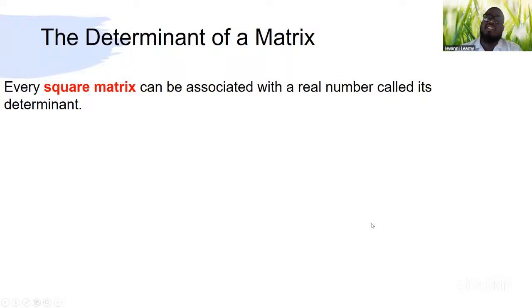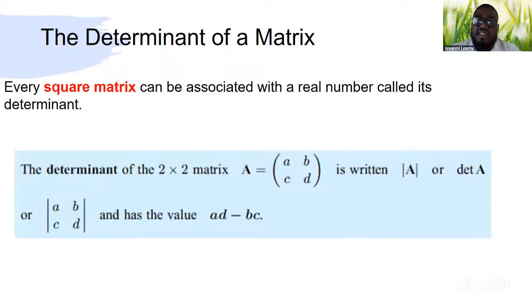So what is the determinant of a matrix? Now, every square matrix can be associated with a real number called its determinant. So what does that look like? For a 2x2 matrix, we have matrix A, and we have the elements reading from top left going down: A, B, C, D. And this can be written as the determinant of A, which is 2 vertical lines.